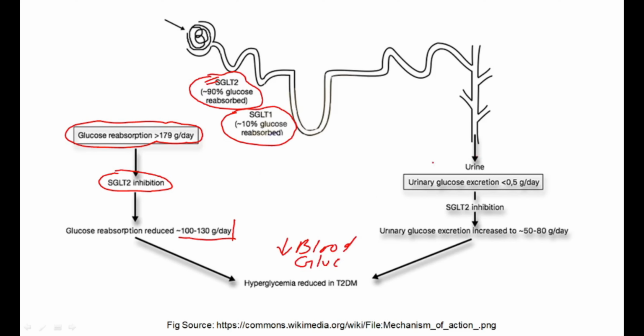Normally glucose is not excreted; urinary glucose excretion is less than 0.5 gram per day.